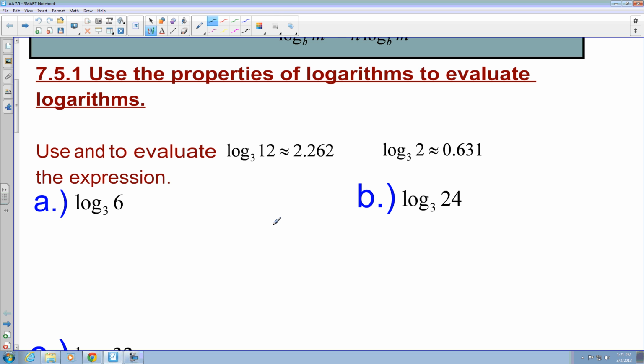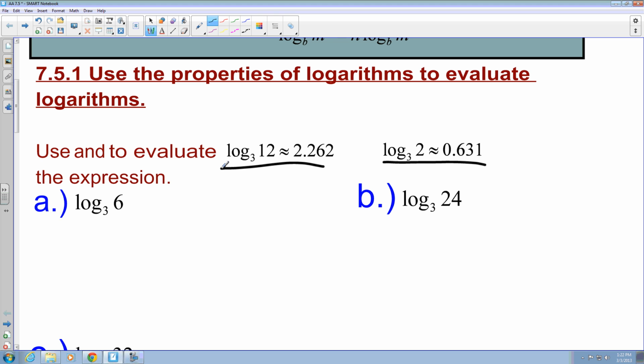So let's look at example A. I have log base 3 of 6. Now, how could I use these two values, but then also use our properties of logarithms to evaluate these particular problems? Well, 6 also can be written as 12 divided by 2.